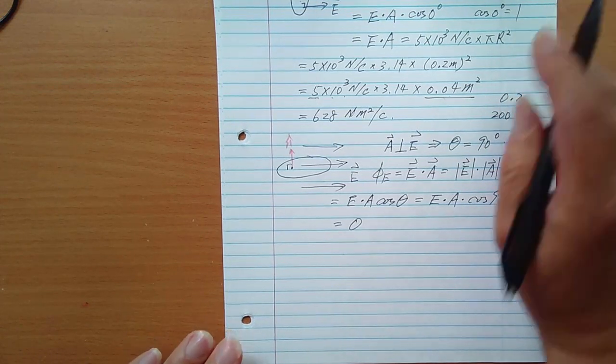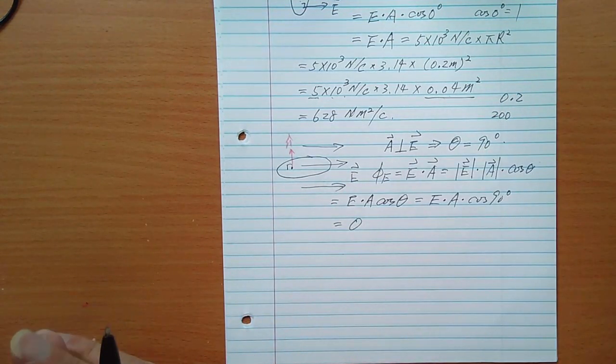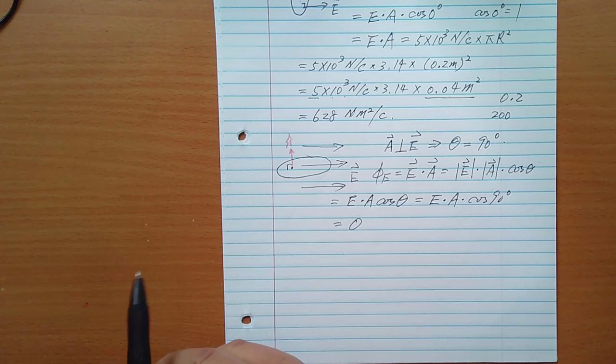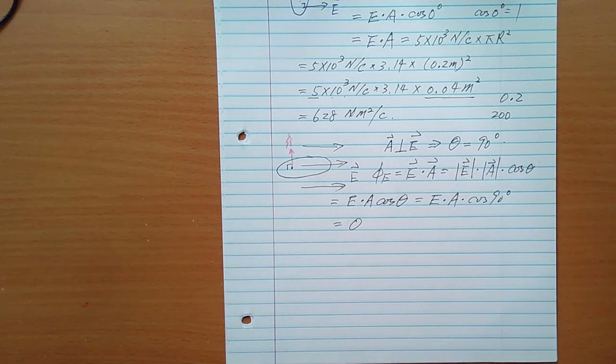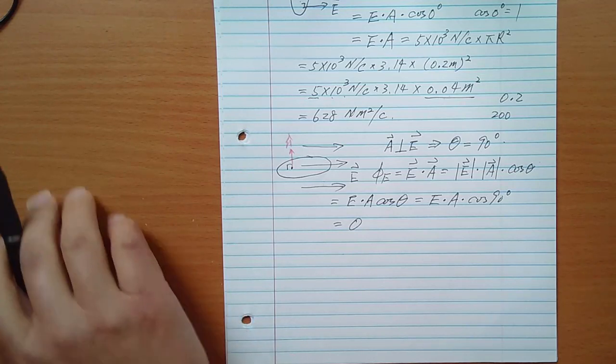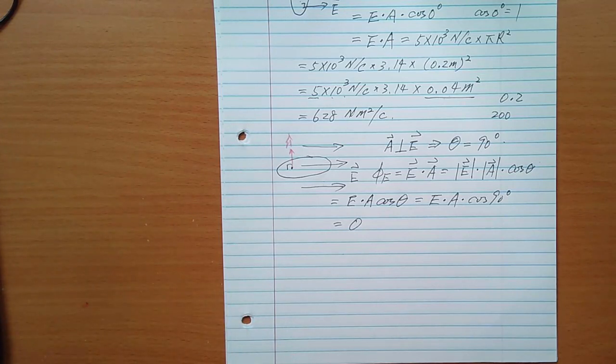Okay, that pretty much covered three basic cases for the electrical flux. For the different geometric shape, all you need to do is calculate the area accordingly. If the E is variable, then you have to use the integration and then a lot of technique to find the electric field.